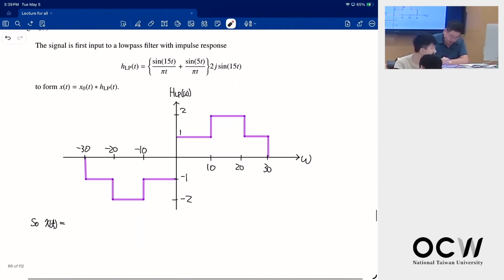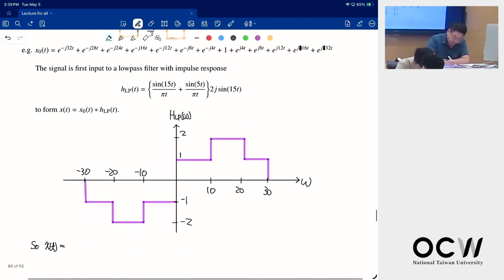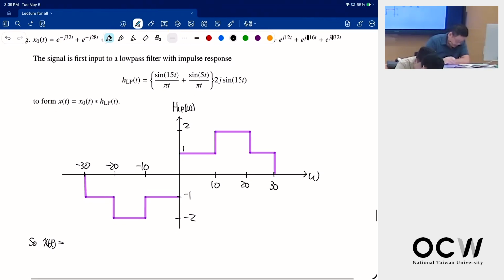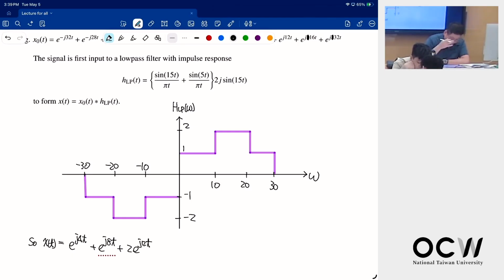Okay, so actually this is e to the j40, e to the j80, and then double the signal at 12 and also 16.